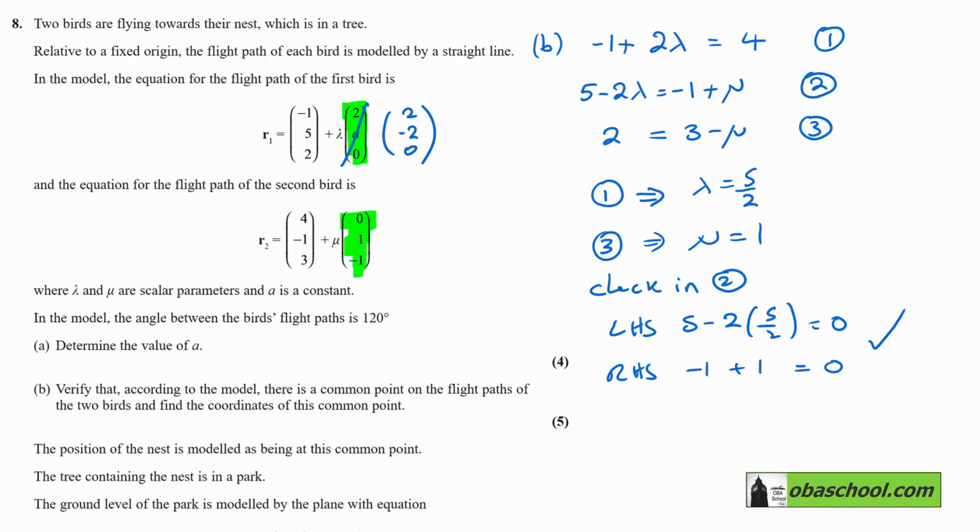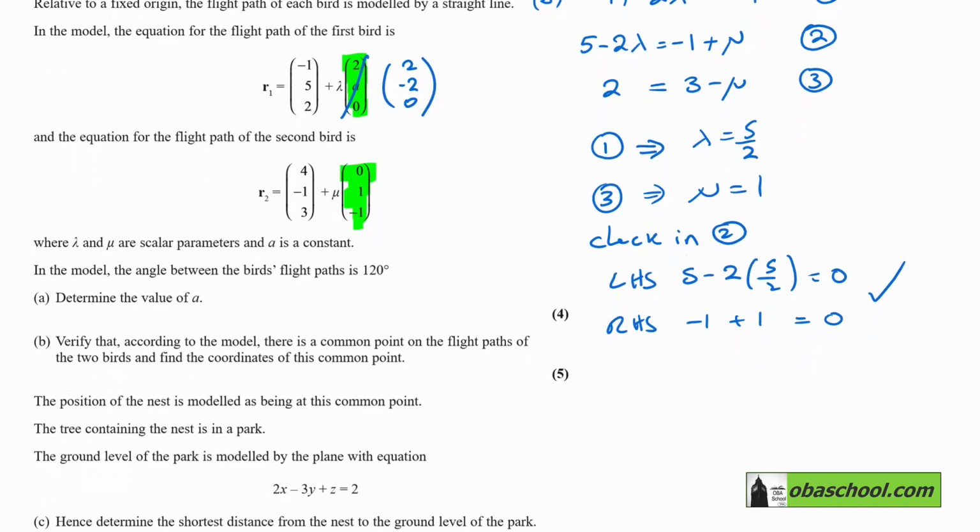We've checked that. And then we just need to find the point, which we can do by putting μ equals 1 in here, or we could put λ is equal to 5 over 2 up here, but I'm going to work with the 1. So that is going to be 4, because it's just 4 plus 0.